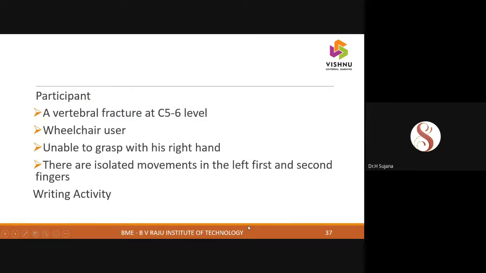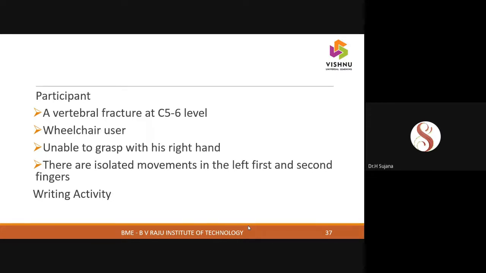So let me go to the participant. The participant had a vertebral fracture at the cervical 5-6 level from a traffic accident, and he is a wheelchair user as of now. He cannot grasp using his right hand, and even in the left, only the first and second fingers had little movement.